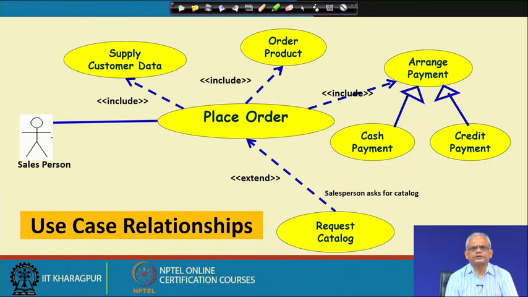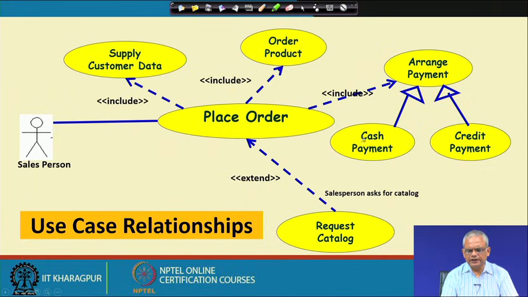Given a use case model, let us try to understand what it implies. Here the salesperson can invoke the place order use case, and the place order use case during execution includes supply customer data, order product, and also arrange payment.